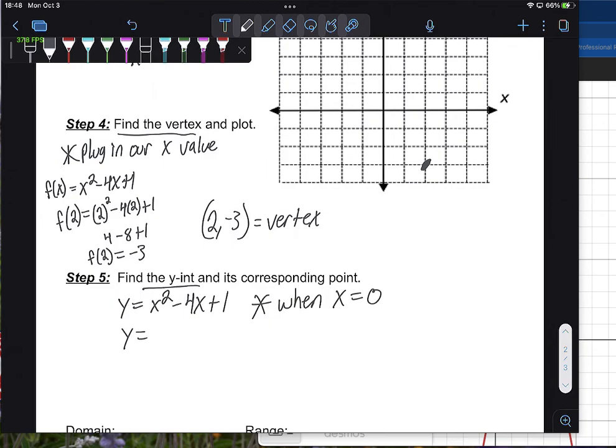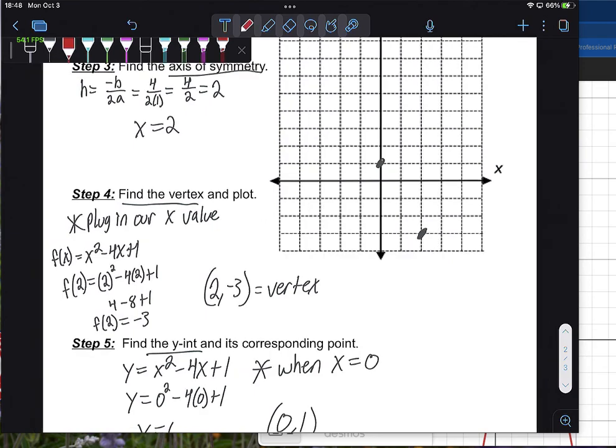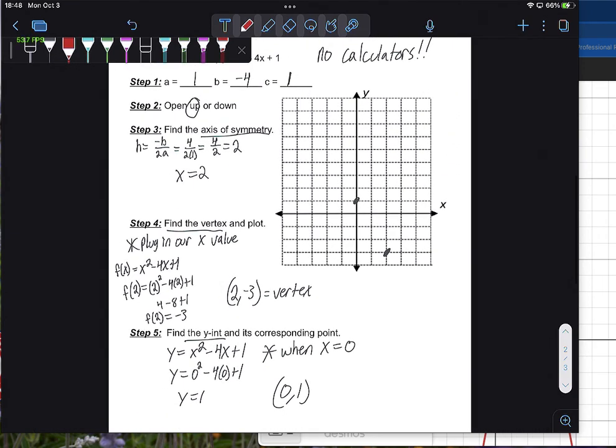So we have y is equal to 0 squared minus 4 times 0 plus 1. Y is just equal to 1. So my coordinates is 0, 1. Let's plug that in. 0, 1. Now if I were to plot my axis of symmetry, here's my axis of symmetry right here.